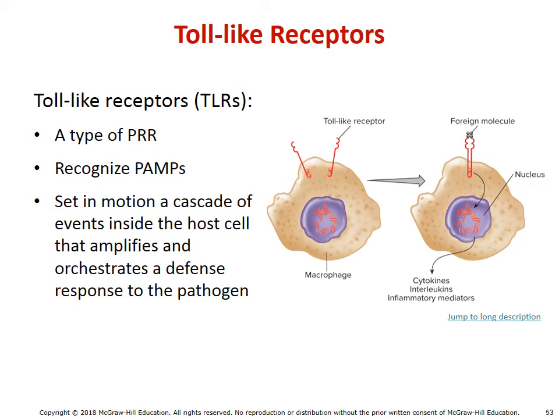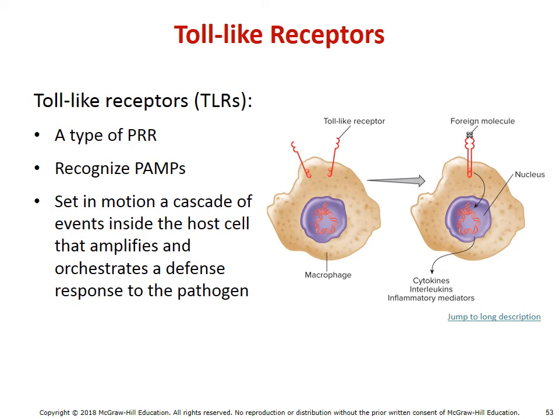But let's talk about another unique receptor called a toll-like receptor, or TLR. This is a type of PRR, or pattern recognition receptor that recognizes PAMPs. But this does not typically then want to allow for the ingestion of the microbe, but instead releases basically a chemical cascade that sends information to lots of cells at the same time.